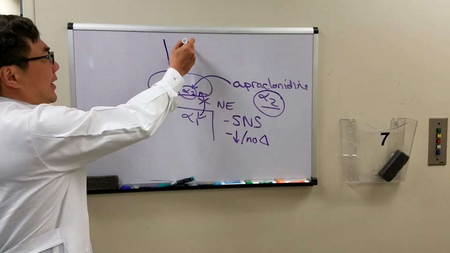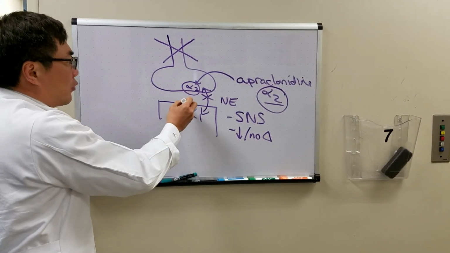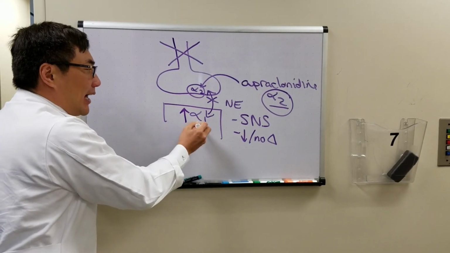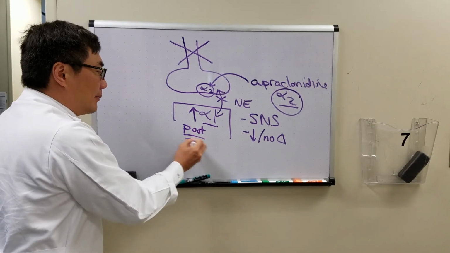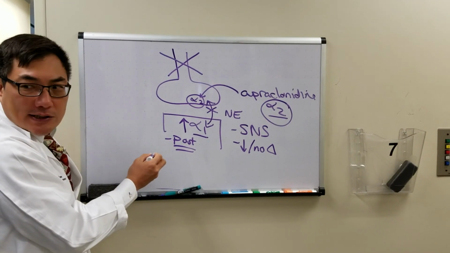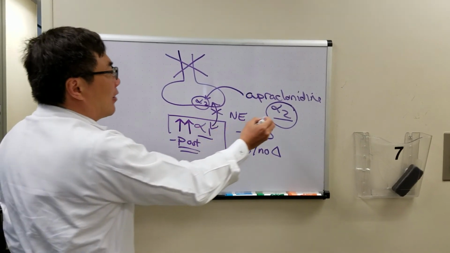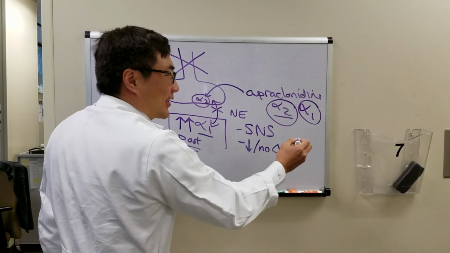If, however, you have denervation of the sympathetic pathway, then there won't be any release of norepinephrine. There'll be upregulation of the alpha-1, and that is a postsynaptic upregulation, which we call denervation supersensitivity. This denervation supersensitivity will allow apraclonidine to have an alpha-1 predominating effect now.